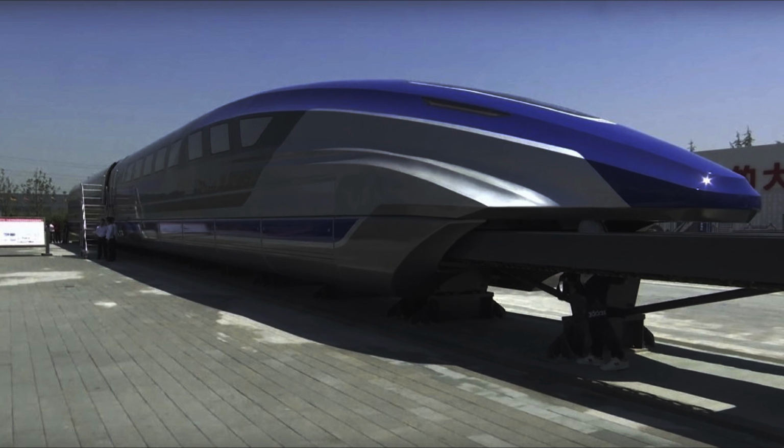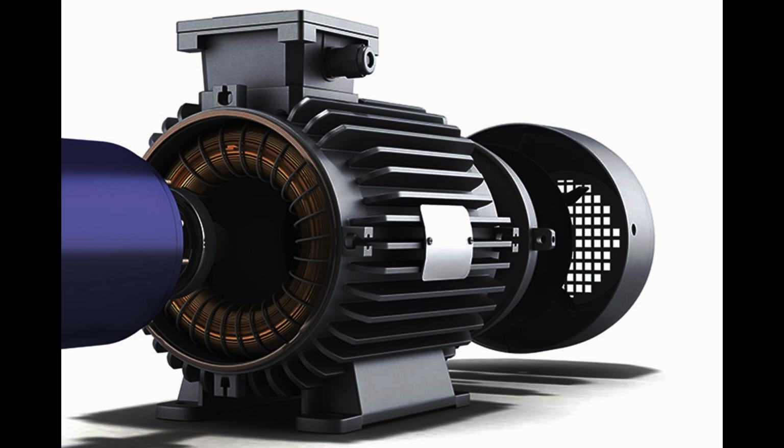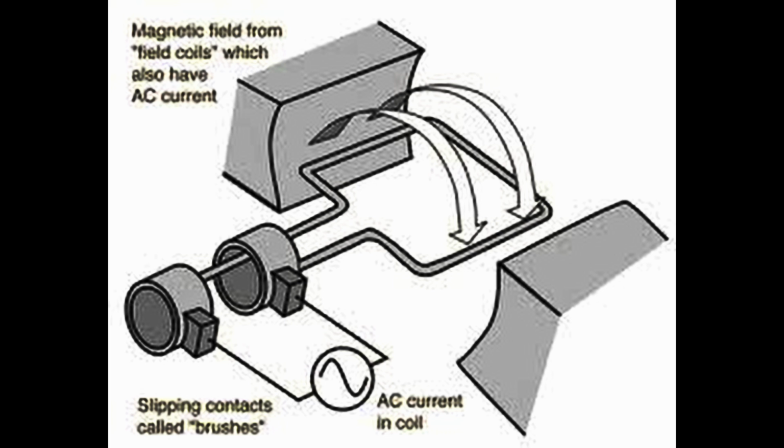Most of modern technology relies on Faraday's law. Wireless charging, maglev trains, transformers, and generators. Generators are probably the most important thing in our lives right now, as we rely on alternating current for most of our existence. Generators work very similarly to our experiment by exposing a coil to a changing magnetic field.